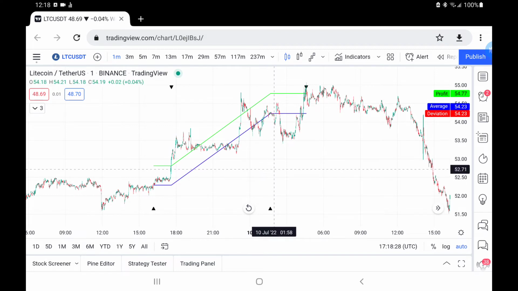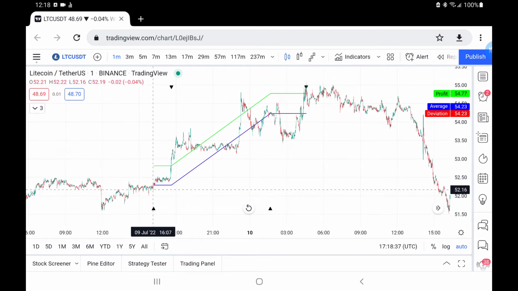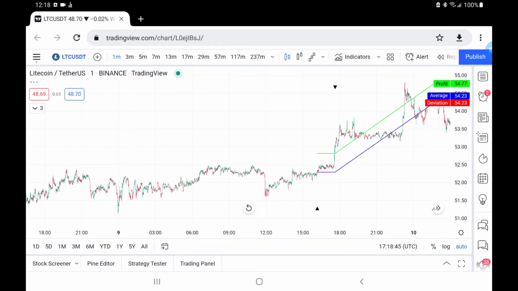Okay, so here's where one run started, and it lasted this long. Not bad. A second run for here to here. Also not bad. So let's see what else we can find.